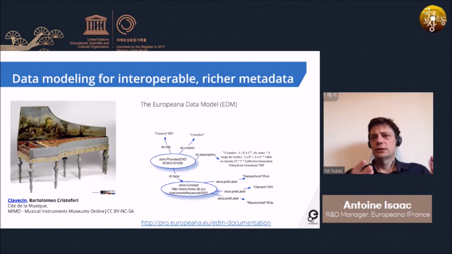This more complex representation allows us to get richer data, and especially for Europeana, one interesting point is that we can get translations. Now, instead of getting the subject of a book, for example, as just one text in one language, we can get it as a concept which is translated in several languages, and that's really important for us because we have to serve users in all those different languages.